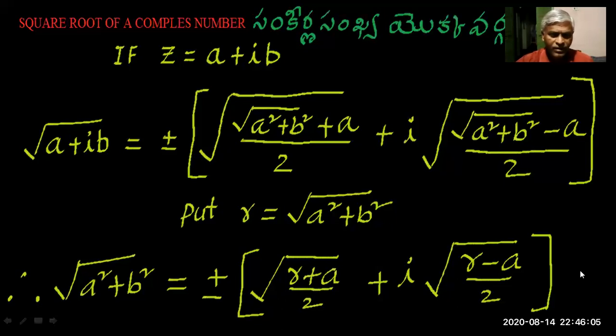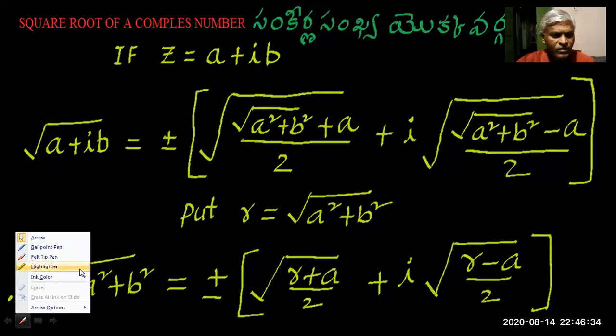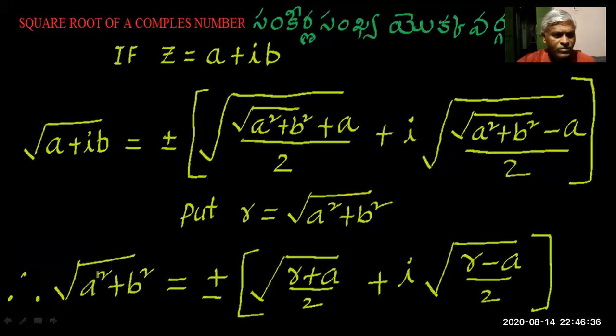It will be very easy and convenient for you to remember this square root formula. Here by mistake it is under root a square plus b square.